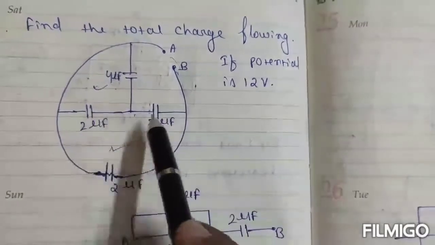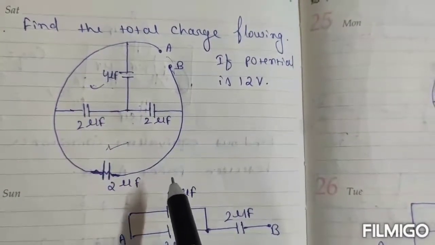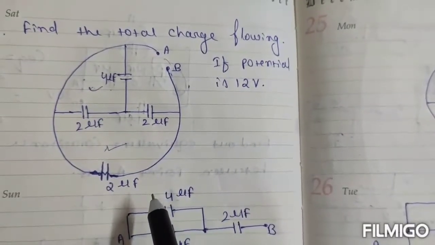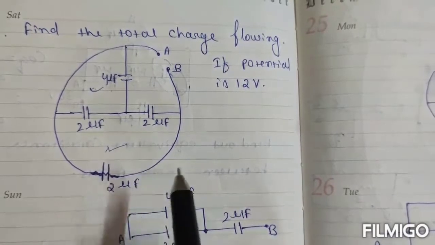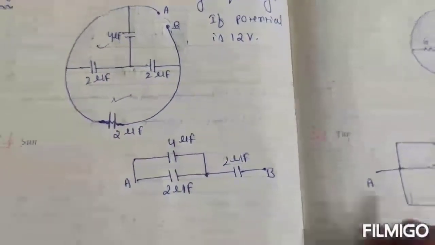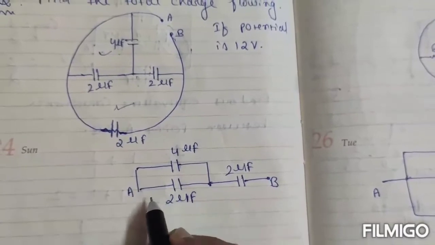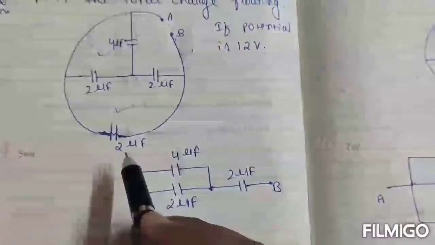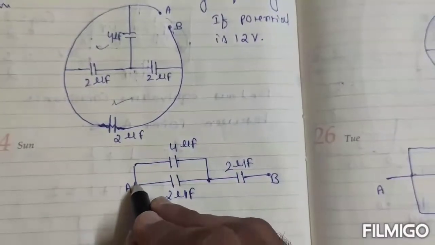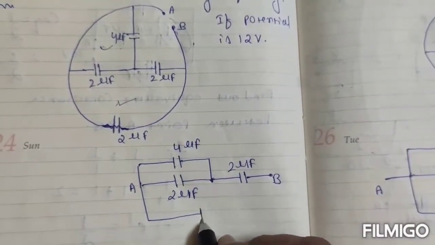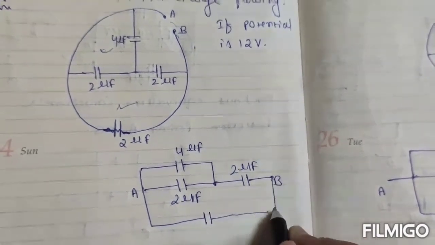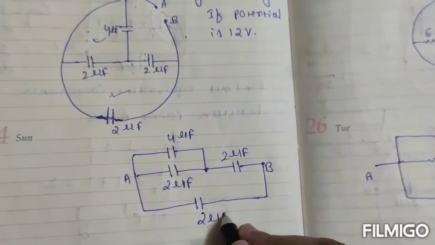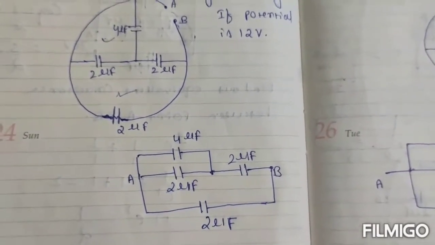That means these are two different paths, two different ways. So these are parallel in nature, right? Between which points is it? Between A and B your 2 microfarad is present, right? So let us solve.